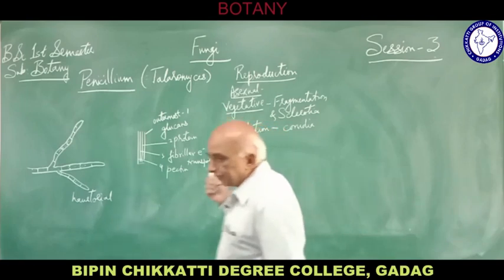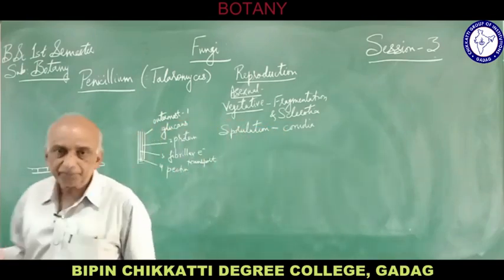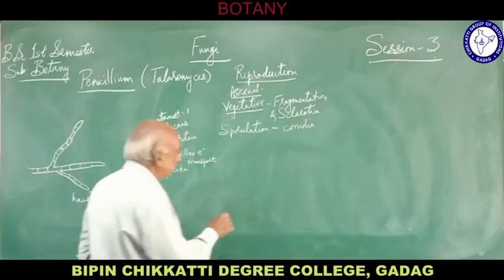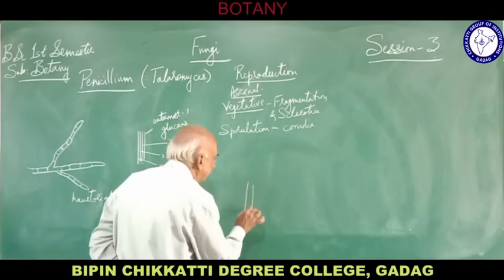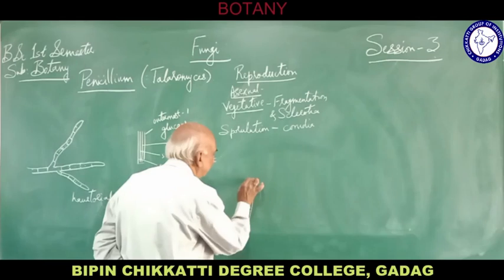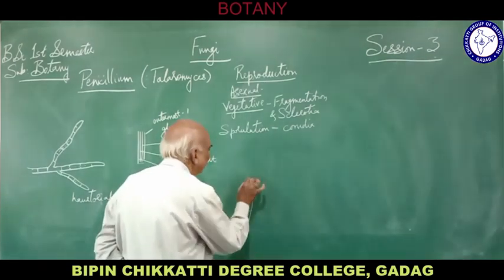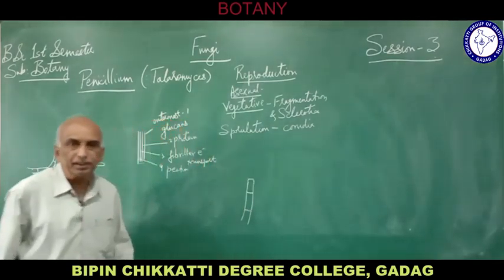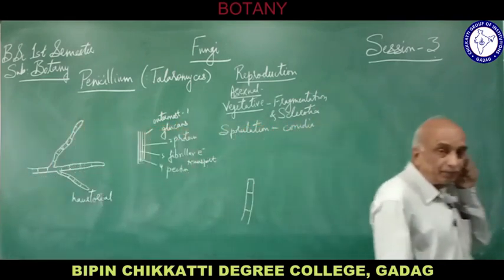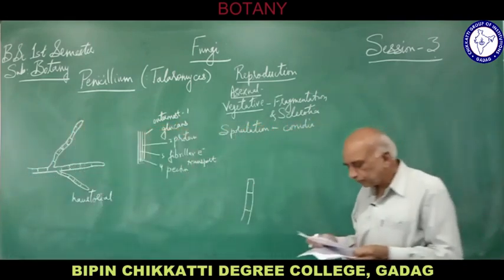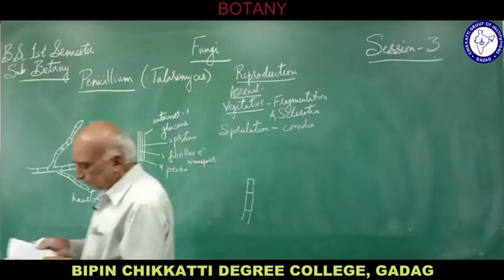The cells are partitioned, and they may be branched at the tip, and the tips of the cells produce the conidia.